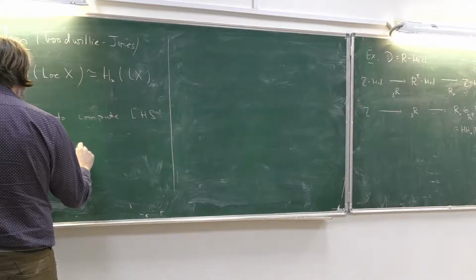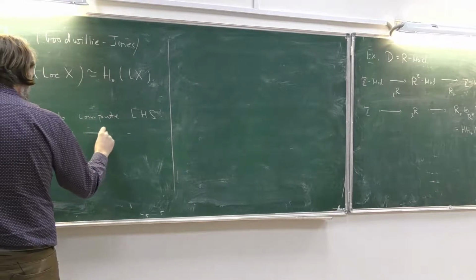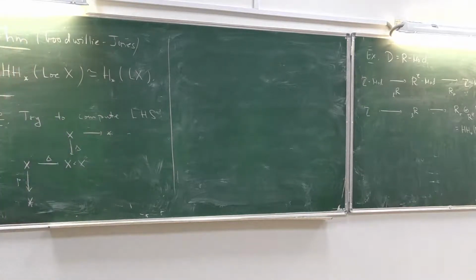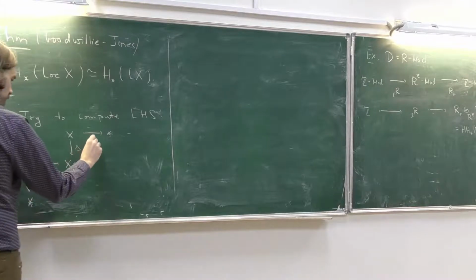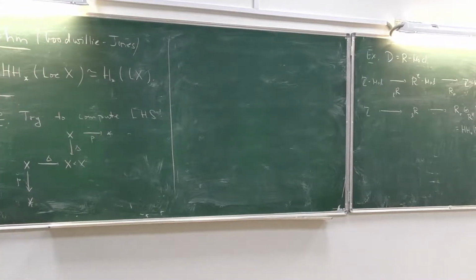I have the diagonal, and I have the point. And remember how the duality worked for local systems. The coevaluation was pullback and shriek pushforward, and the evaluation was pullback and shriek pushforward.